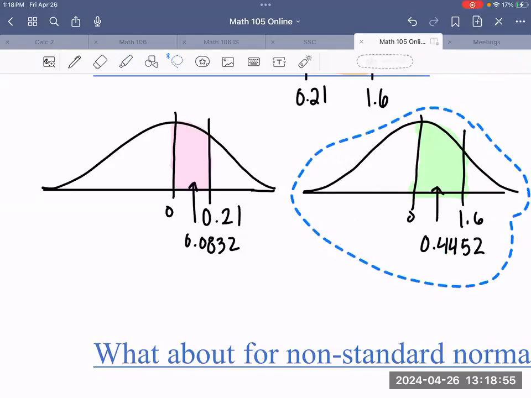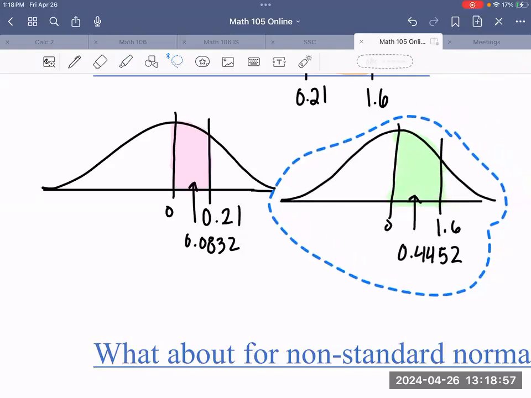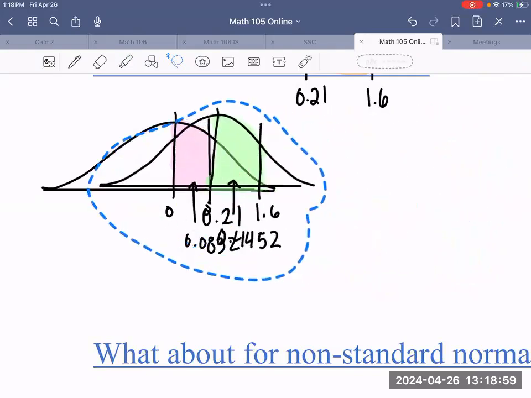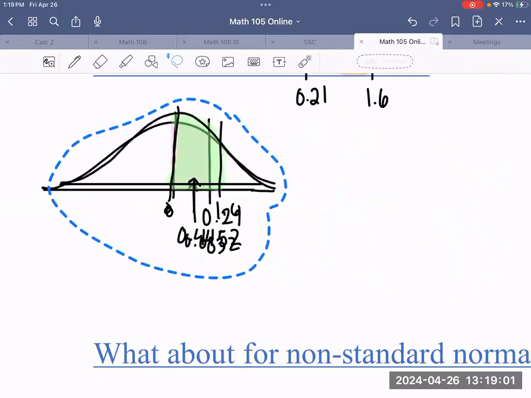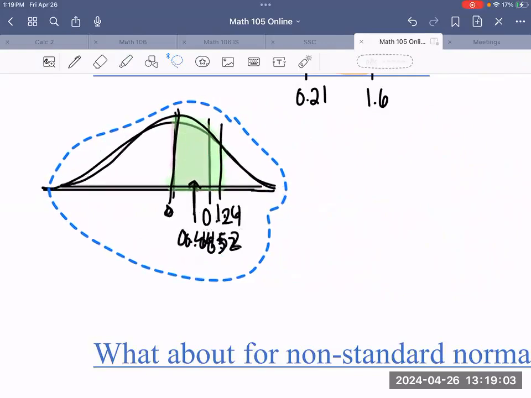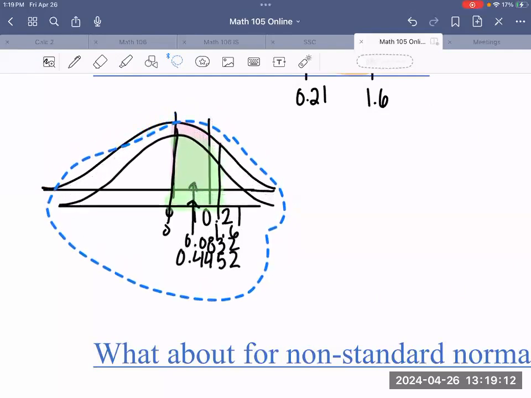Now keep in mind, we have seen a number of different problems where we might have something being double counted. So if I were to overlay this, right, trying to line it up as best I can, there you see 0, and there you see a little bit of the green and maybe none of the pink. And if I were to move it down, there's going to be a small overlapping portion, right?